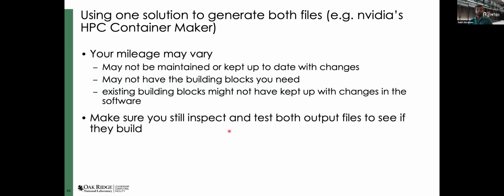But as mentioned, your mileage will vary. There's no guarantee that HPC Container Maker is going to be maintained into the future. They might not have the building blocks that you would want for the particular software packages that you need. Maybe there are bugs, you don't know. And so the point there is, if you're supporting both Podman and Apptainer, test the container files and the definition files to make sure that they're both working the same way that they should be working.